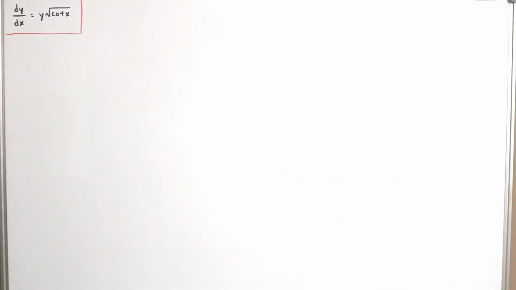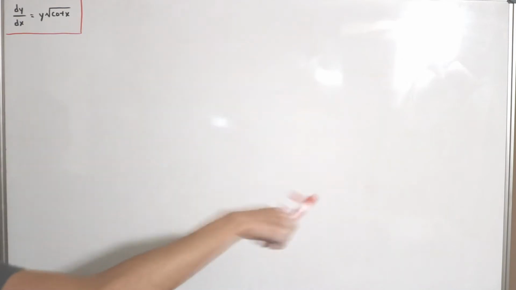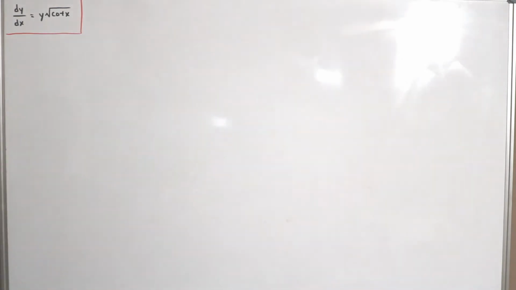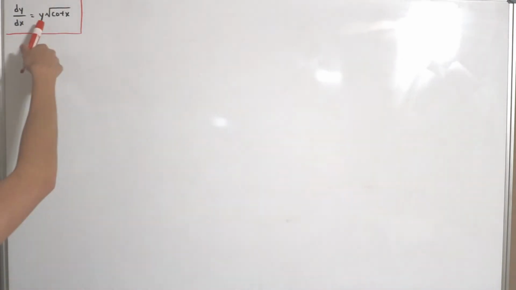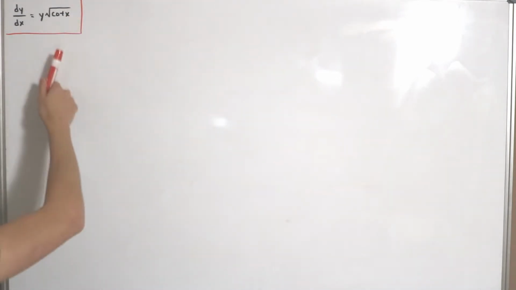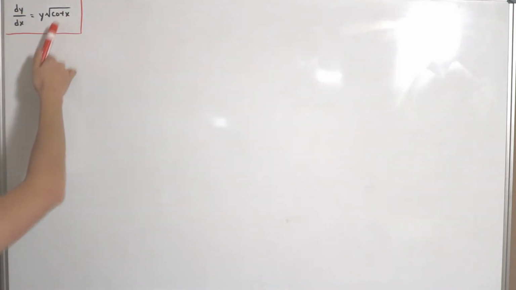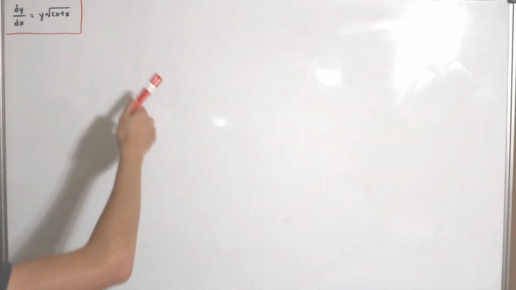Now, just like the first step I said, we want everything in terms of y on one side and x on the other side, with dy associated with y and dx associated with x as well. So the first thing I can do is divide y to both sides, so I get dy over y, and then multiply by dx to get square root of cotangent x multiplied by dx.